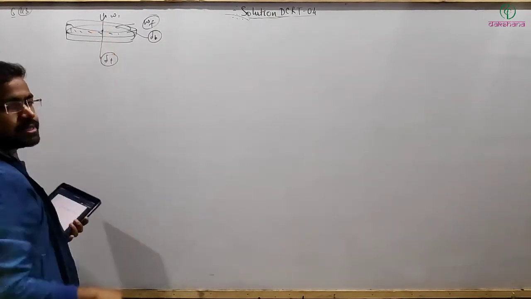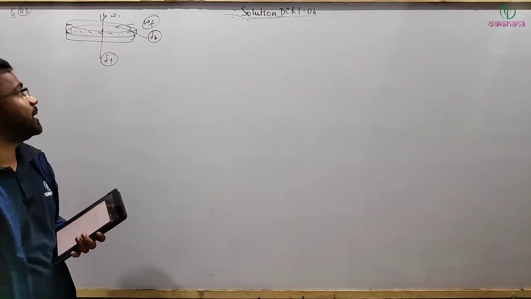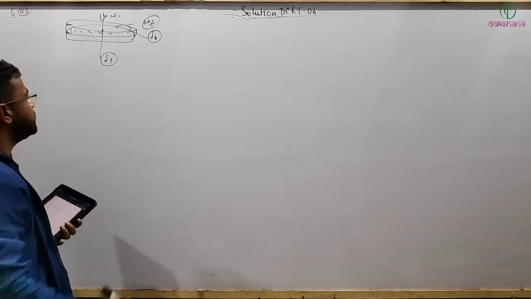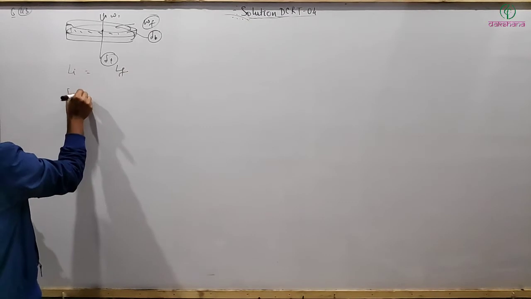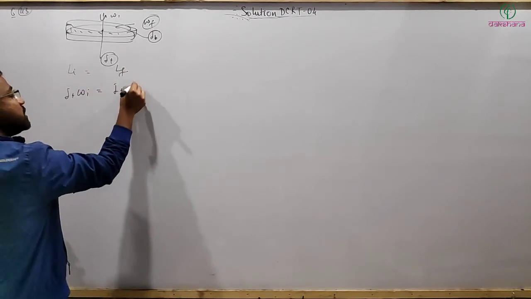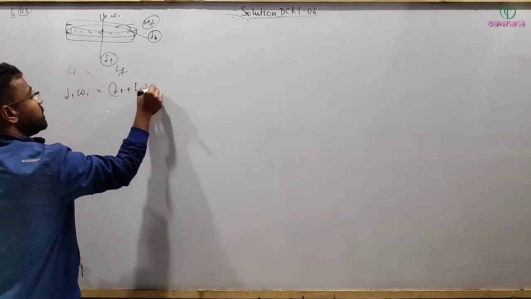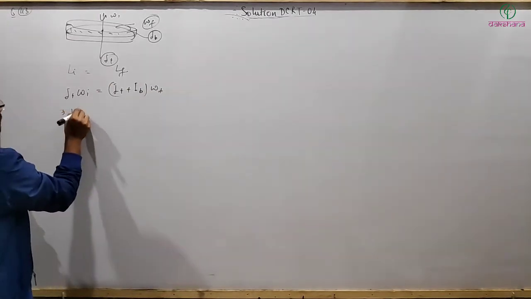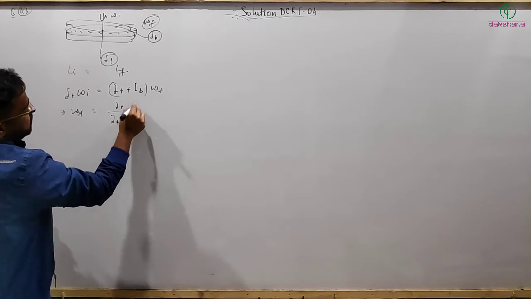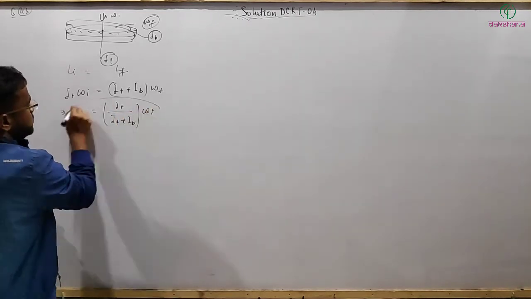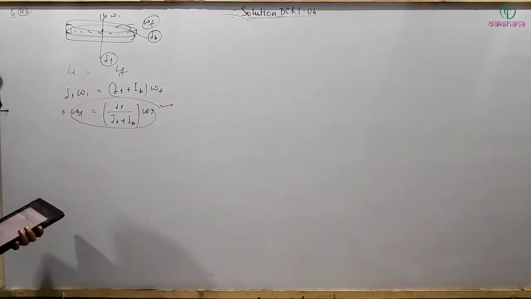But on this combined system there is no external torque, so that's why the angular momentum must be conserved. So L initial must be equal to L final, that means IT into omega I must be IT plus IB multiplied by omega final. This implies omega final is equal to IT divided by IT plus IB multiplied by omega initial. This is angular velocity.